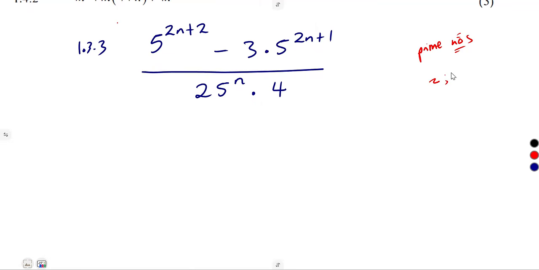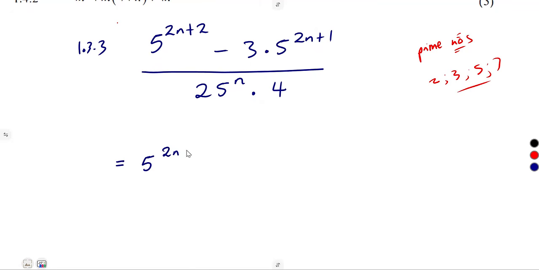Can we write as 2, as 3, as 5, as 7? Those prime numbers. So we check, 5 is already in simplest form. It's a prime number. There's nothing that we can do. That is the part raised to the exponent of 2n plus 2, so it is already in the simplest form.